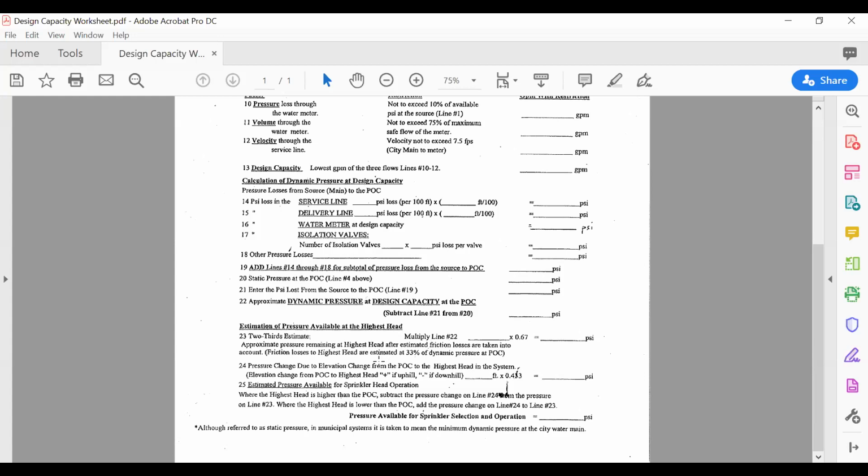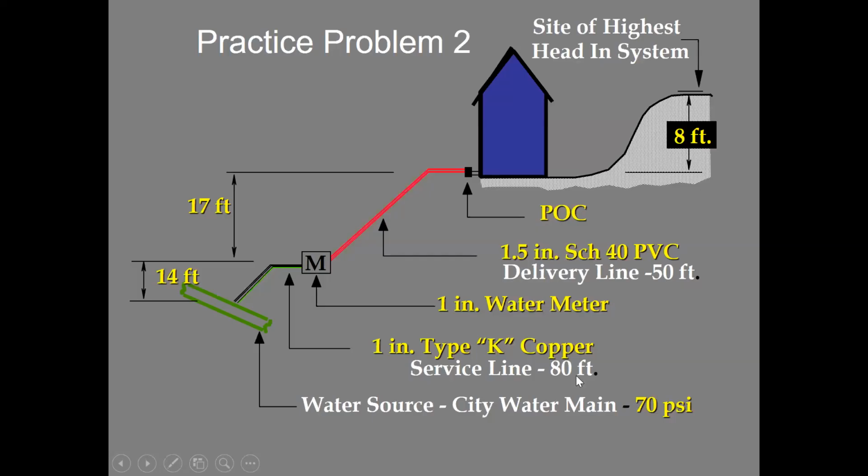That's 27.33. So that is our available pressure at our worst case scenario head. So looking at this, we've gone from 70 PSI to 27.33 PSI at the top here.